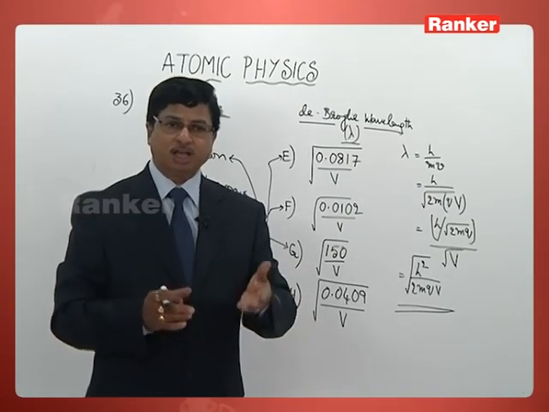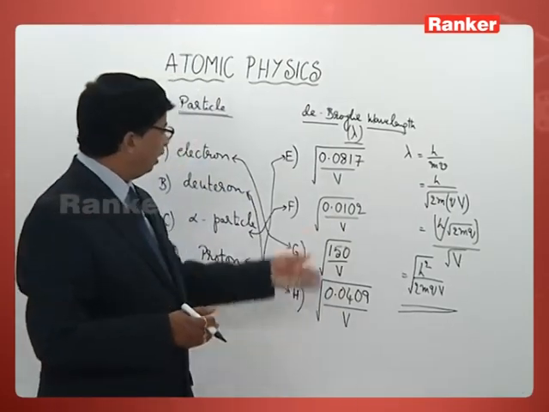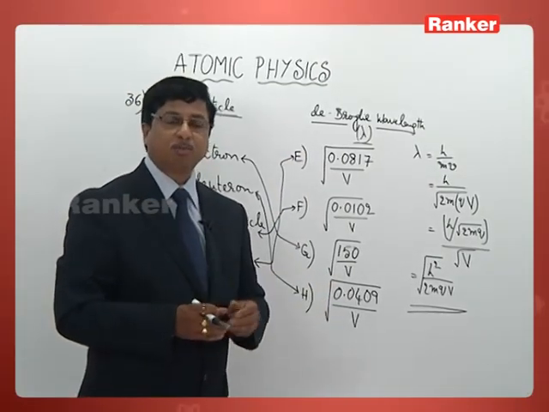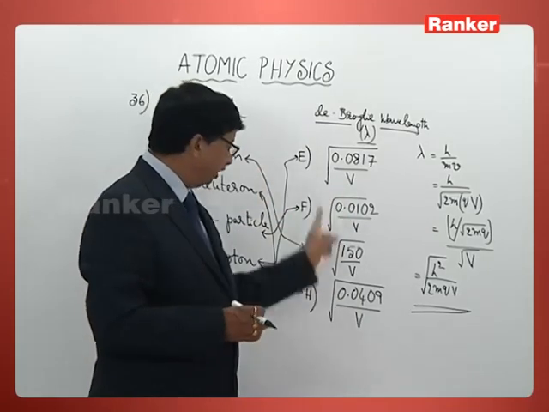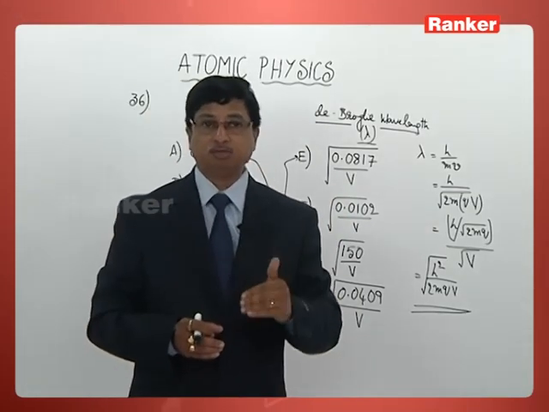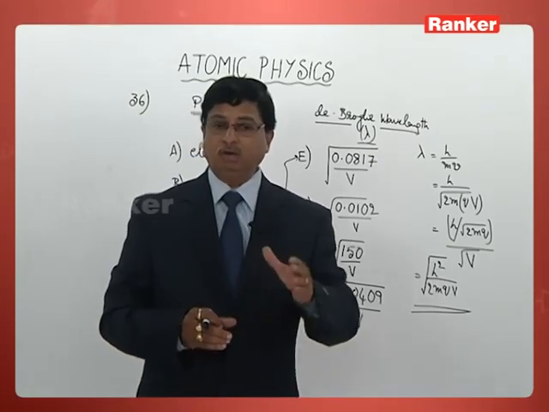Otherwise, calculating all the four values and identifying all the four answers is not a difficult task. But if you remember them directly, you can save your time in the final exam, if such a model question is asked. Now let us see the options.